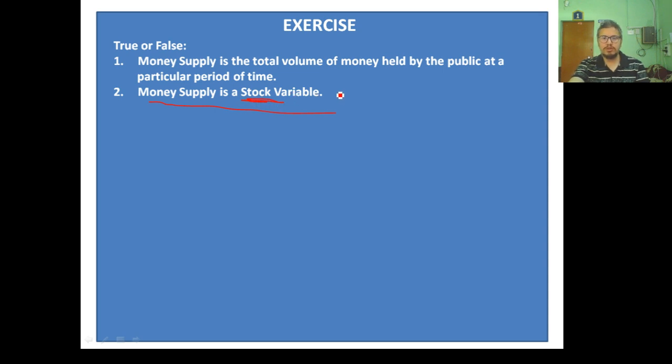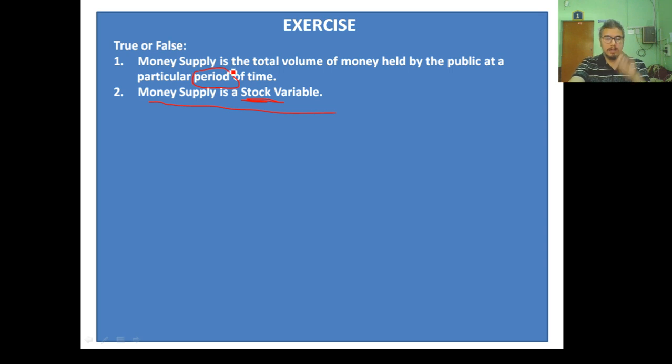It is a true statement. Okay, the first one, money supply is the total volume of money. There is no problem till here. See, money supply is the total volume of money held by the public at a particular period of time. The problem is here, period.